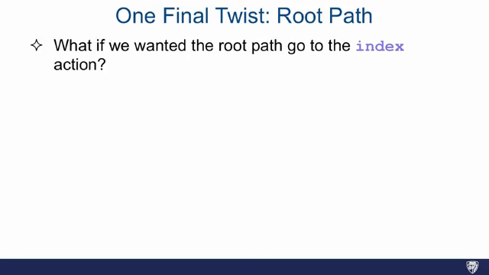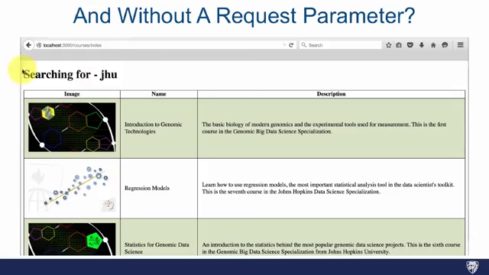Now, right now, every time in our application we have to type in /courses/index, but our application is really only dealing with searching the courses. So it would be great if the root path could just point to the courses controller and the index action.